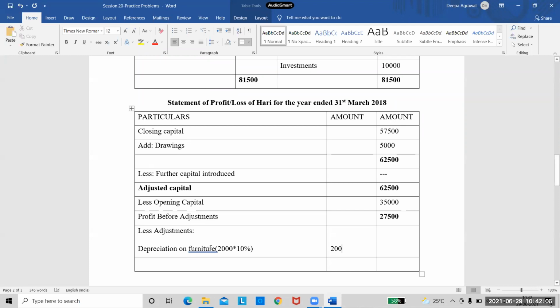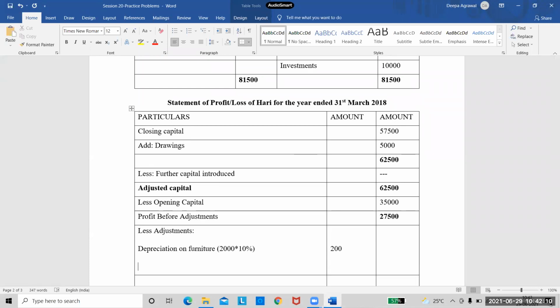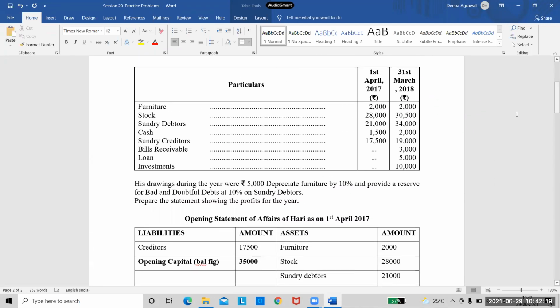After furniture, we also have one more adjustment, that is reserve for bad and doubtful debts. So write that also, reserve for bad debts. And as I told you, reserves will always be calculated on the closing balance. The closing balance of debtors is given as 34,000.